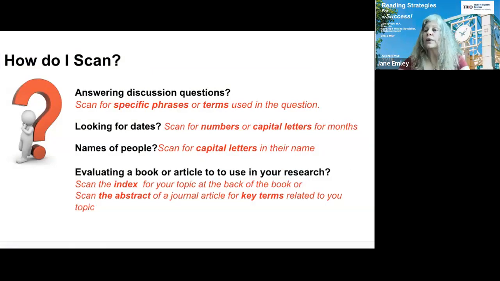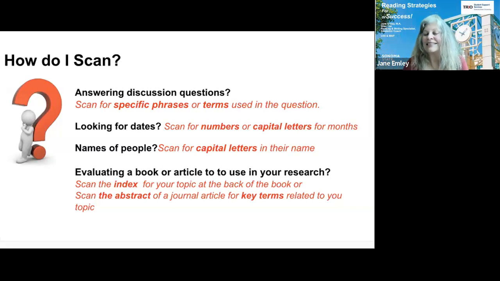That is not always 100% foolproof, because sometimes that question could be asking you to draw conclusions from the text. So you're not necessarily going to find a point in the text that you can point to and say, aha, here's the answer. But most of the time, this will work.